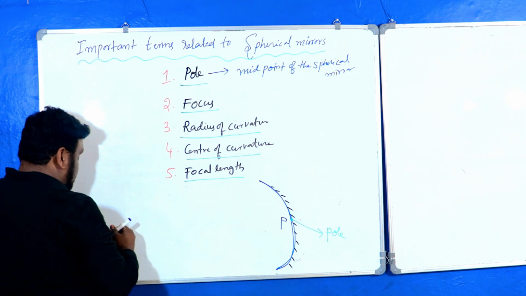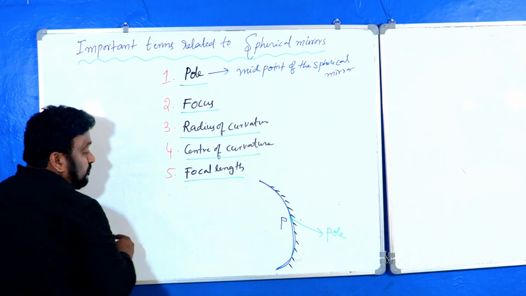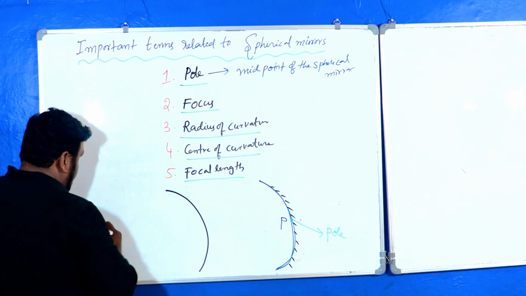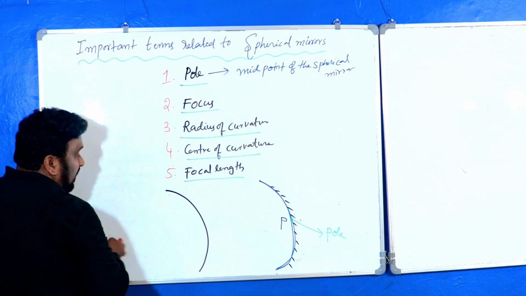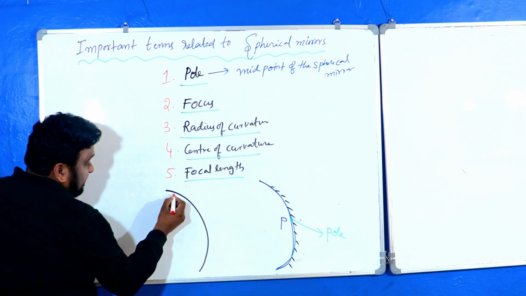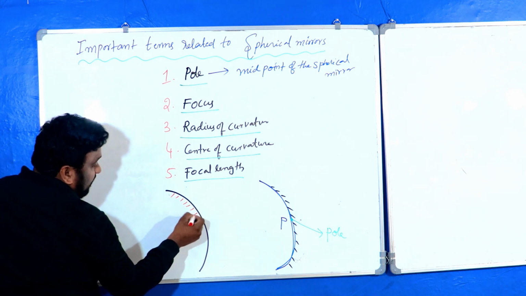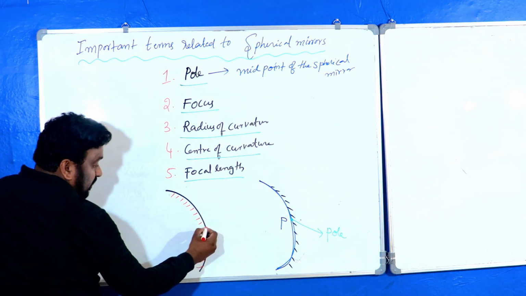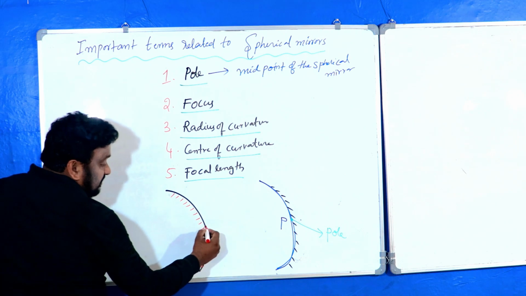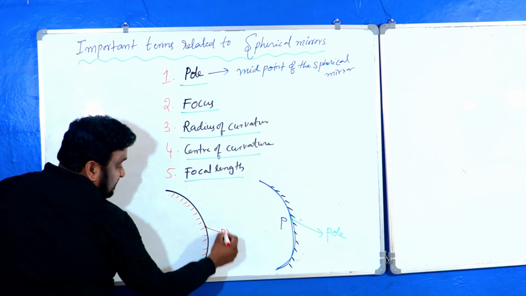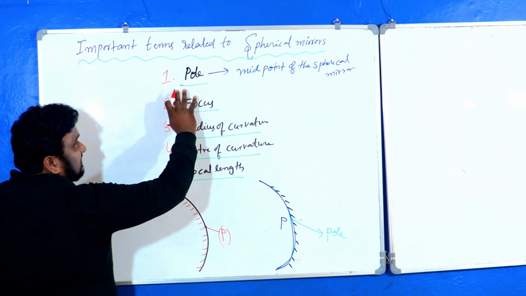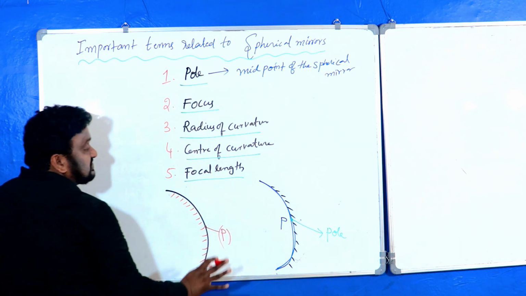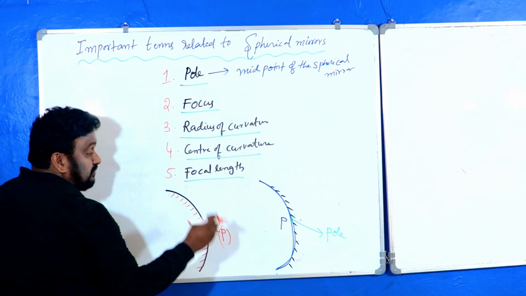Now if you take a convex mirror, we already discussed that the reflecting surface is outward and the non-reflecting surface is inward. This is the midpoint, and it is called the pole. For a spherical mirror, the midpoint of the mirror is called a pole, and it is represented by the capital letter P.